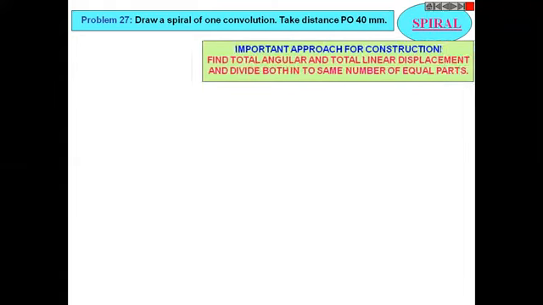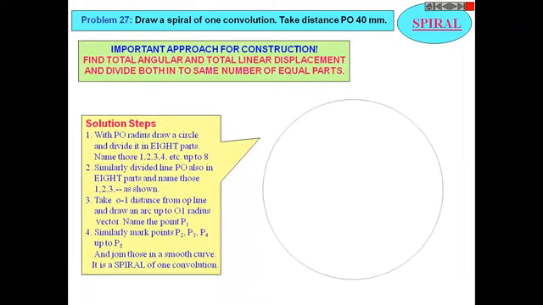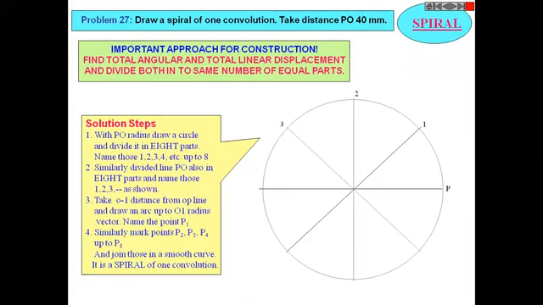Okay, next is spiral. Draw the spiral of one convolution. Take the distance P of 40 mm. The 40 mm radius is taken in compass and divide the circle into 8 equal parts. The next is divide this radius OP into 8 equal parts. Then take the distance of O to 1 in a compass, draw one arc.